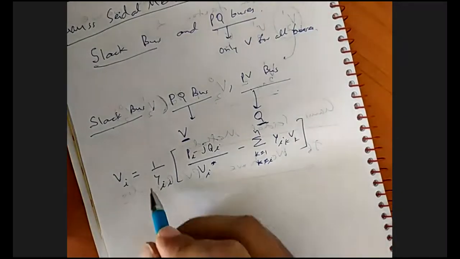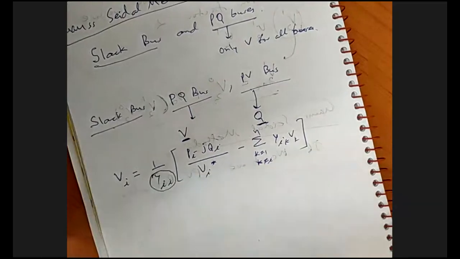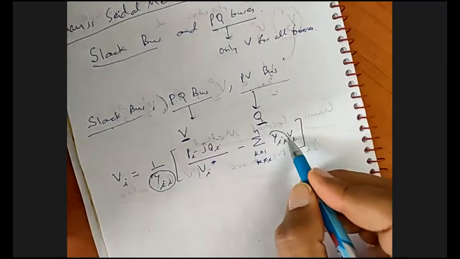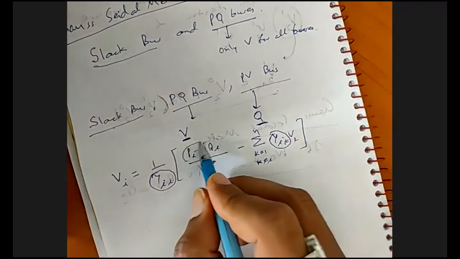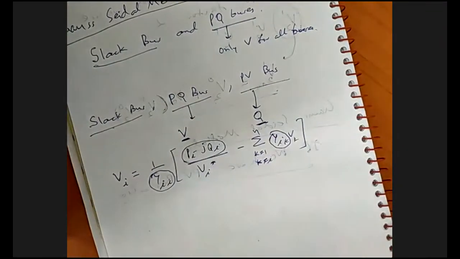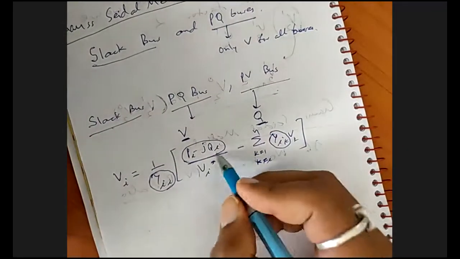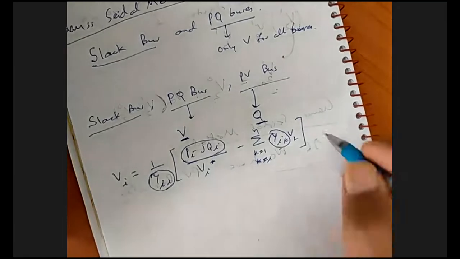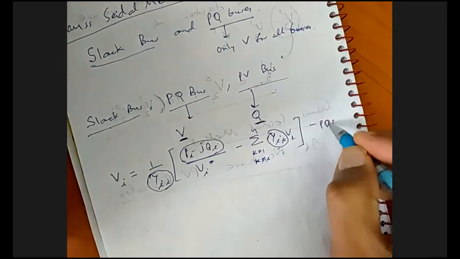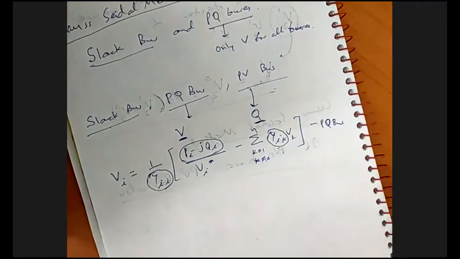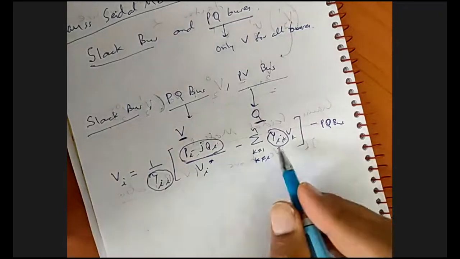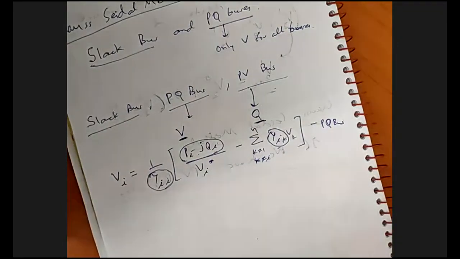Out of this, Yik is fixed, and this Pi minus jQi is also fixed. These are fixed quantities for PQ buses, and since we are calculating them again and again, we want to reduce this equation.